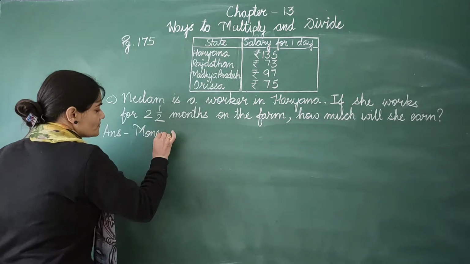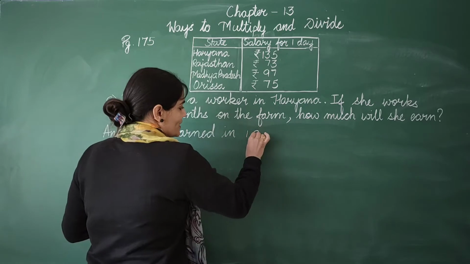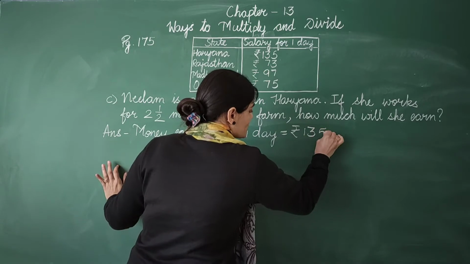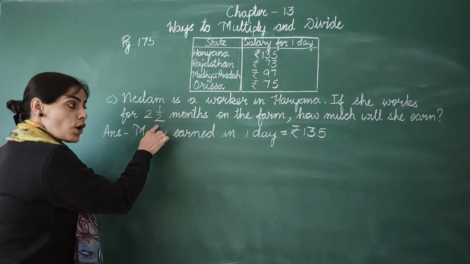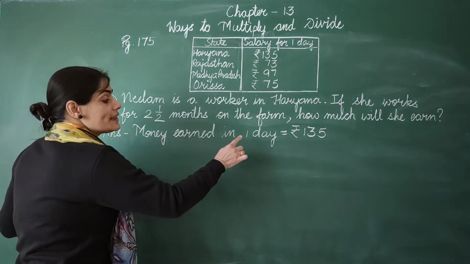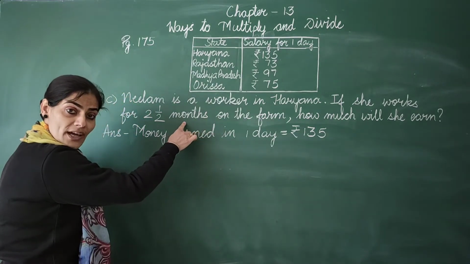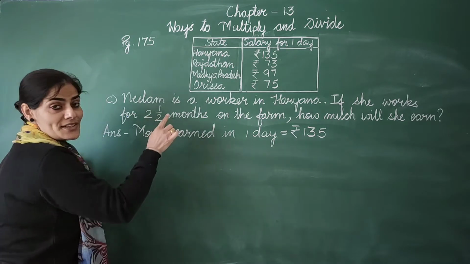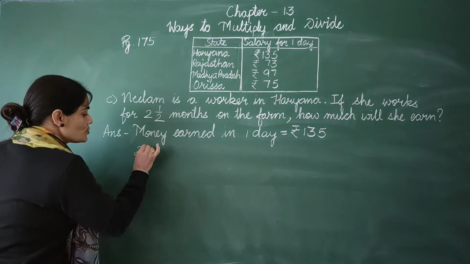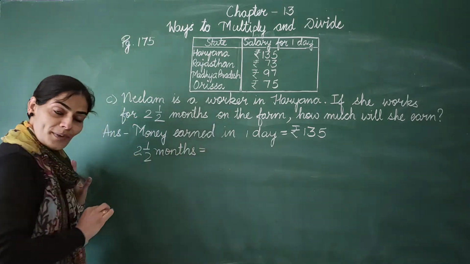Money earned in days. So 2.5 months will be equal to how many days?